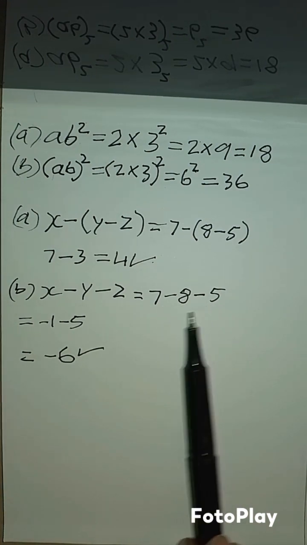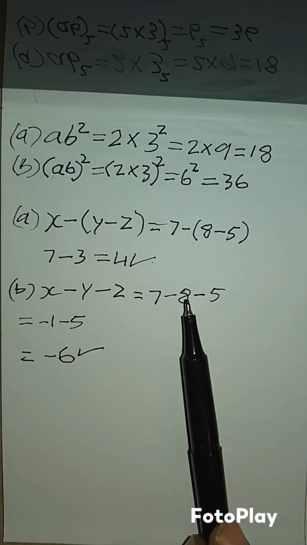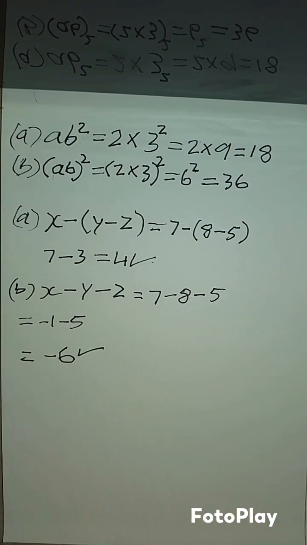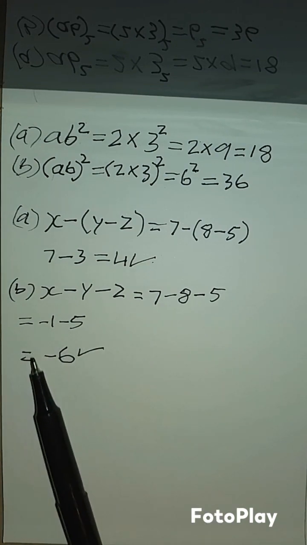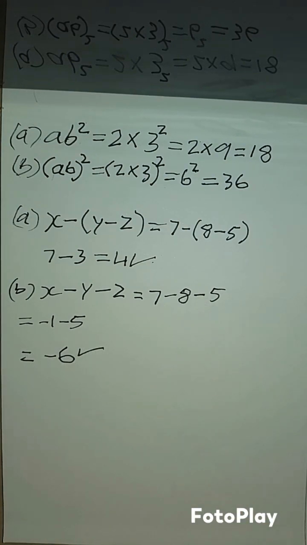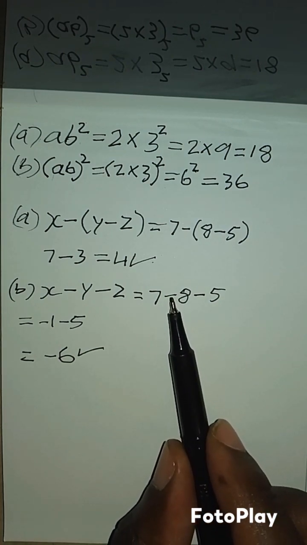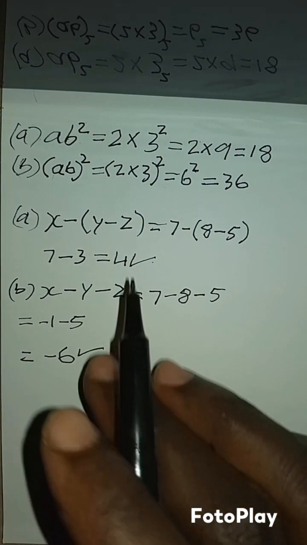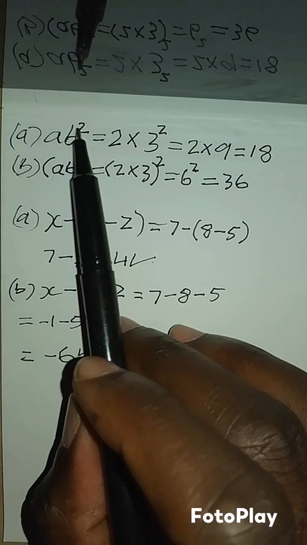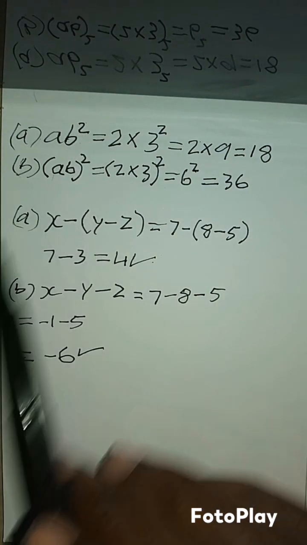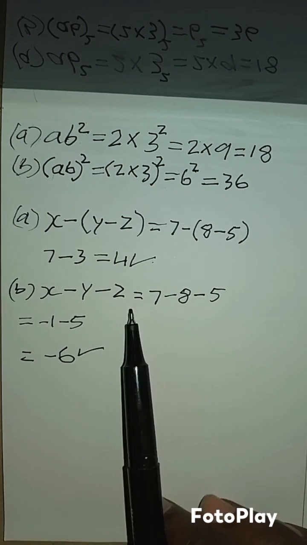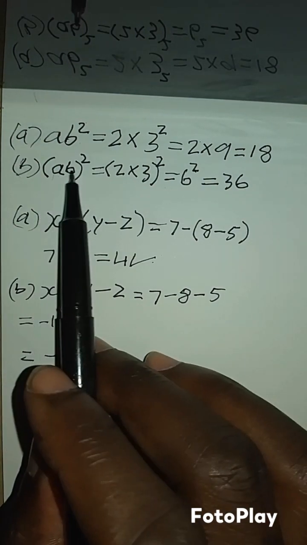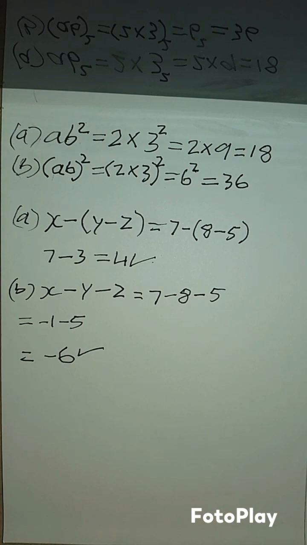You can start from -8, -5, then you come to 7, -13, because -8 -5 will give you -13. So this is the error, the mistake most students make. They don't realize the power of the bracket. Equations can look the same, but the bracket is playing a big role.